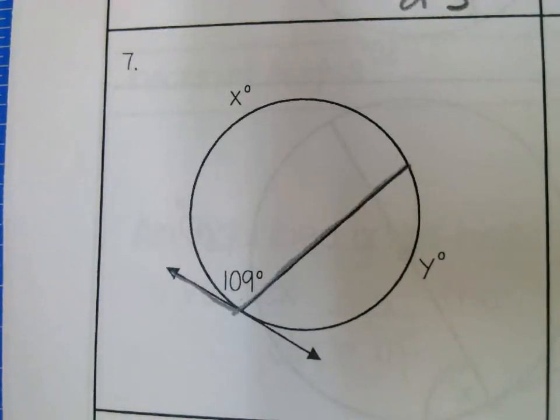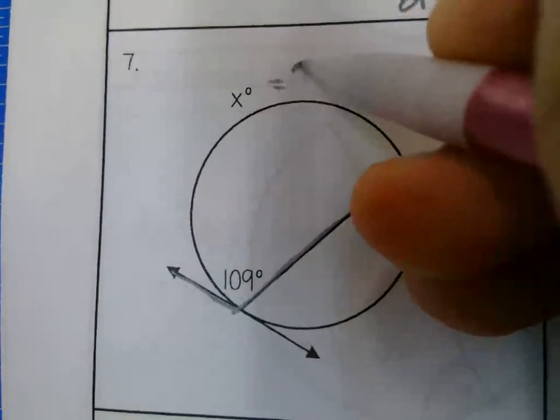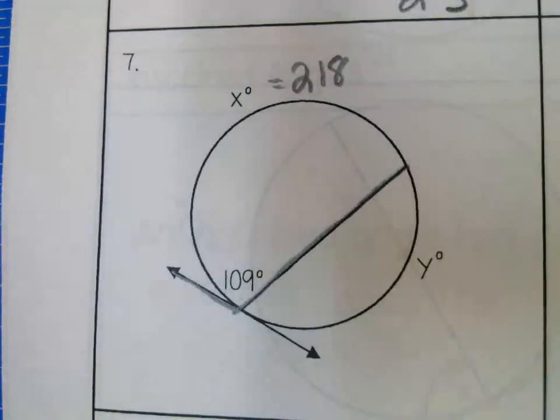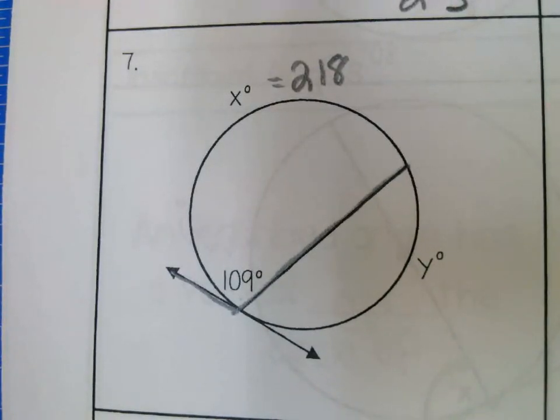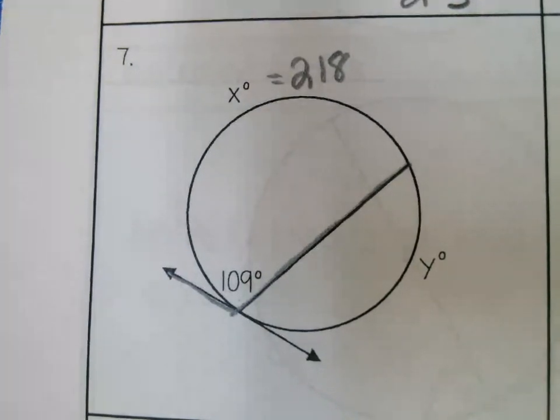We're going to do 109 times 2, and that tells me my arc measure here is 218. That's the rule you need to keep in your head every time: my arc should always be bigger than my angle. So if I divided and it's smaller, I should go, oh, I probably did that wrong, and go back and multiply. The arc measure is always going to be bigger than the angle measure.